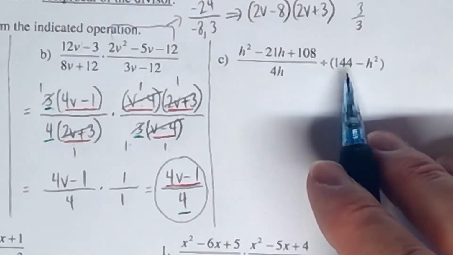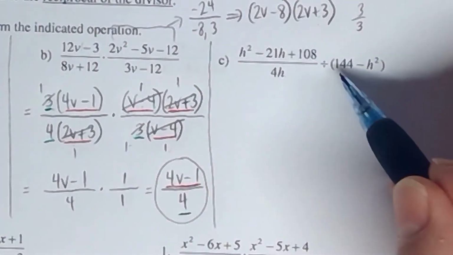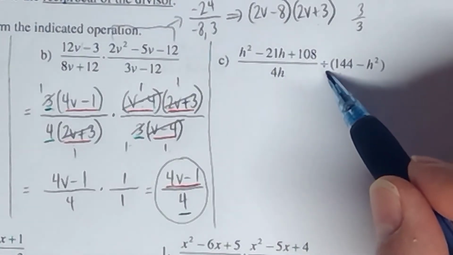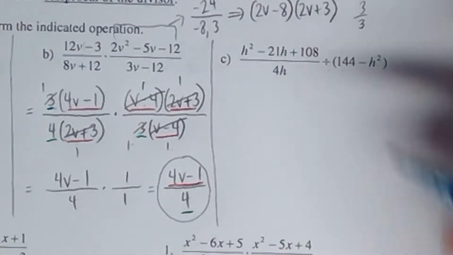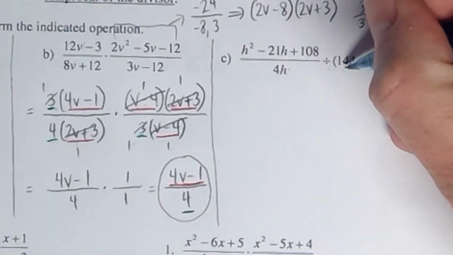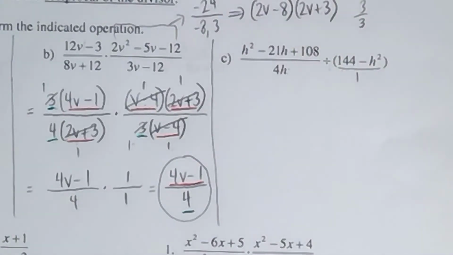What about dividing fractions? Well, let's start off by saying that anytime you have a fraction, and it doesn't matter if you're adding, subtracting, multiplying, or in this case dividing, any of those 4 things, if you have a fraction and then another thing that's not a fraction, the first thing you want to do is make that other thing into a fraction so that you now have 2 fractions.